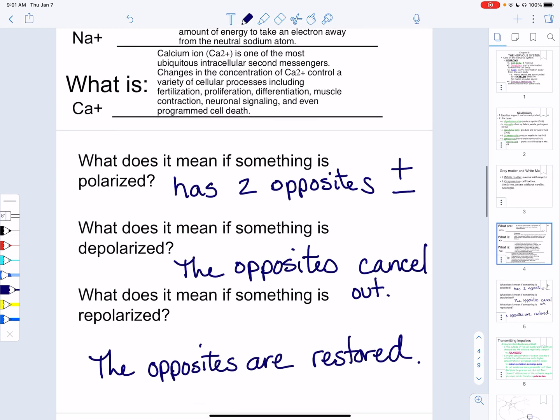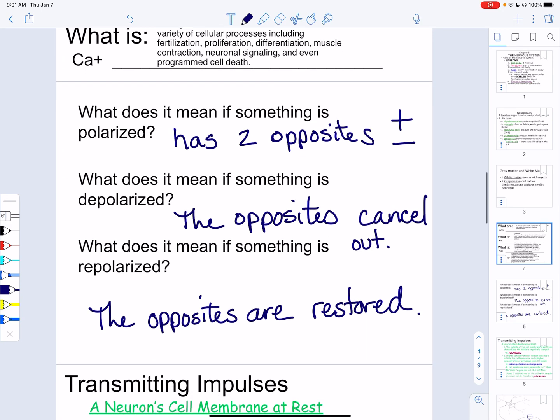I also need you to understand what it means when something is polarized. We don't need to worry about the physics definition of polarized. To understand these concepts, you need to understand that there are two opposites when we talk about a cell being polarized, positive and negative. We're going to talk about the cell depolarizing, which means that those two opposites are going to cancel out.